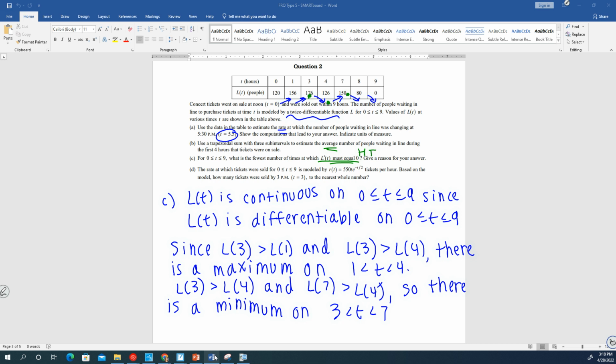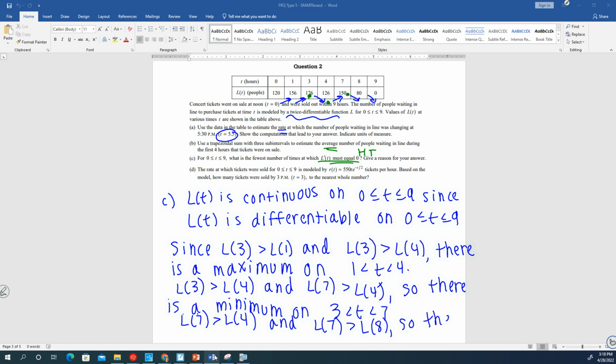Okay, and then the last one is the same thing. L of 7 is greater than L of 4, and L of 7 is greater than L of 8.